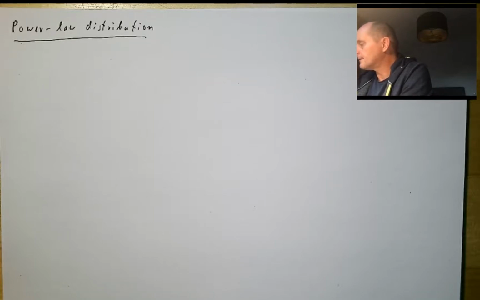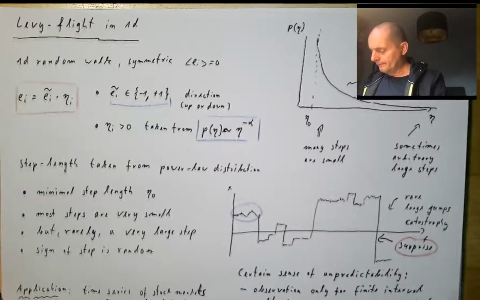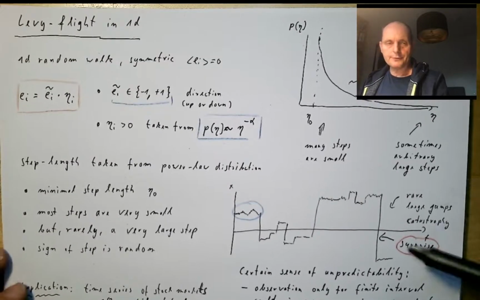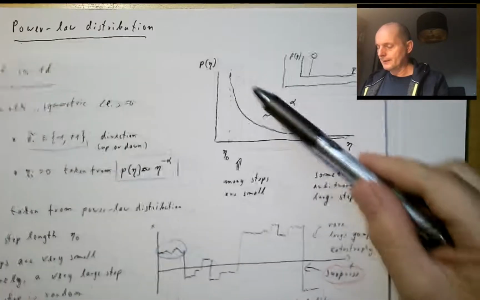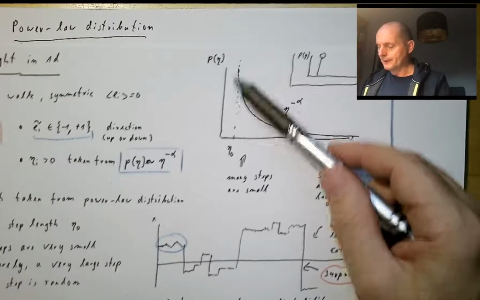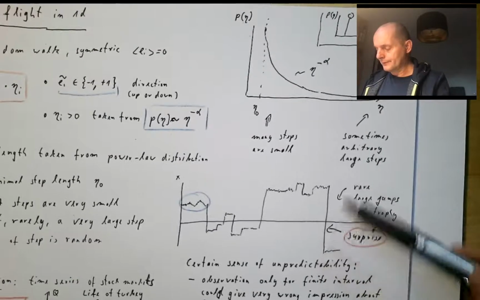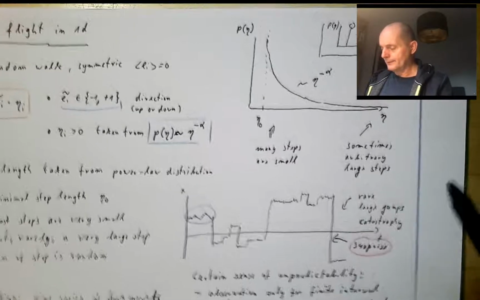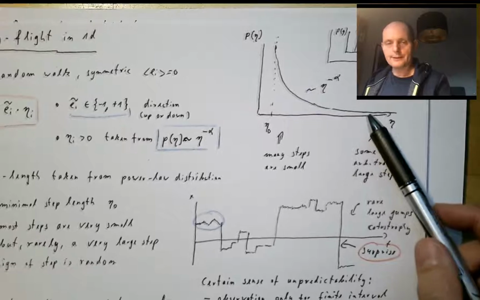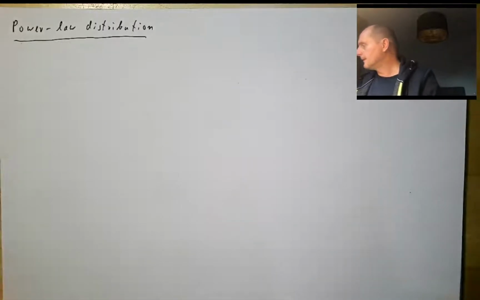In my last video I introduced you to the Levy flights, and the main idea was that the size of the increments was taken from a power law distribution, and we got random walks with large jumps, which are rare but large. So we said, let's have a closer look at this power law distribution.